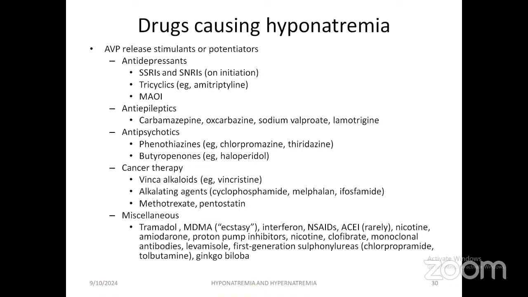Antipsychotics and cancer therapy drugs, where vinca alkaloids, alkylating agents, and methotrexate, can also lead to hyponatremia. In miscellaneous agents, we have tramadol, NSAIDs, proton pump inhibitors, nicotine, and monoclonal antibodies, which also lead to hyponatremia.